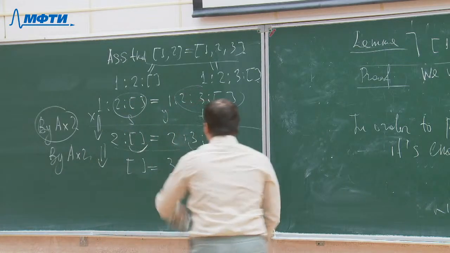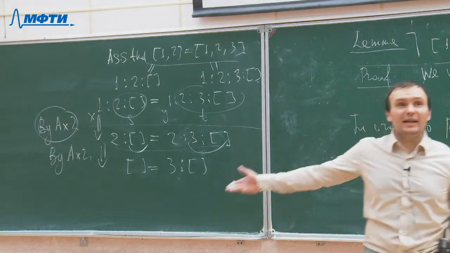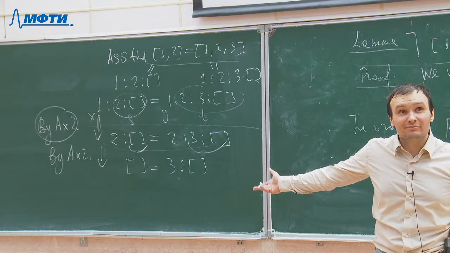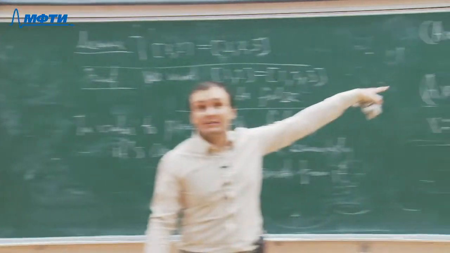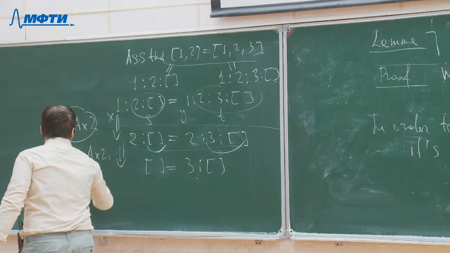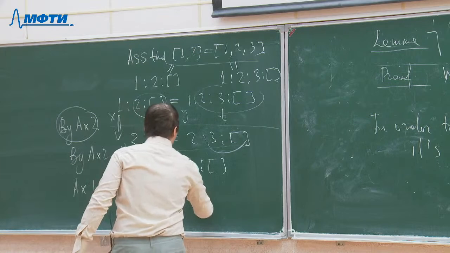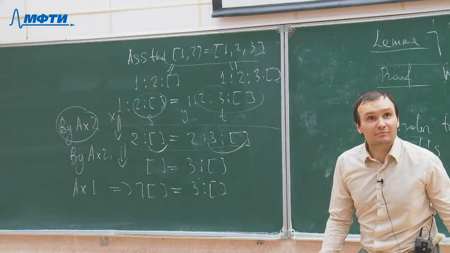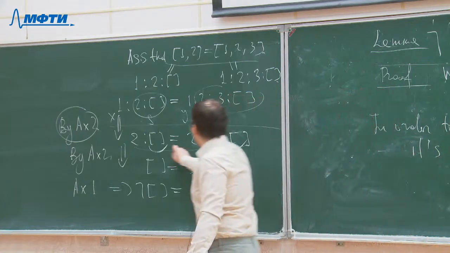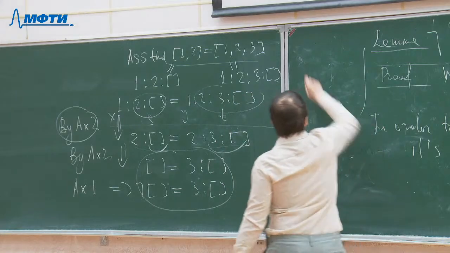But this string is not empty, that is, it has column. But we have axiom 1. Axiom 1 says what? It is not the case that this string equals this one.